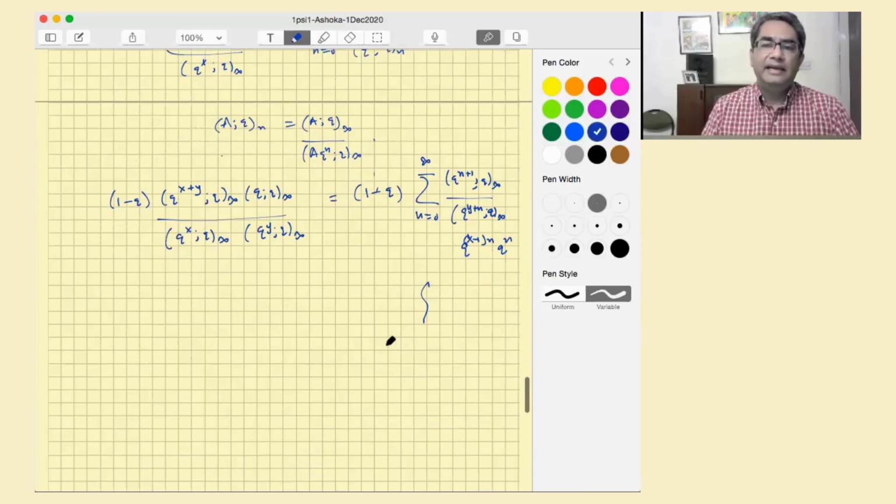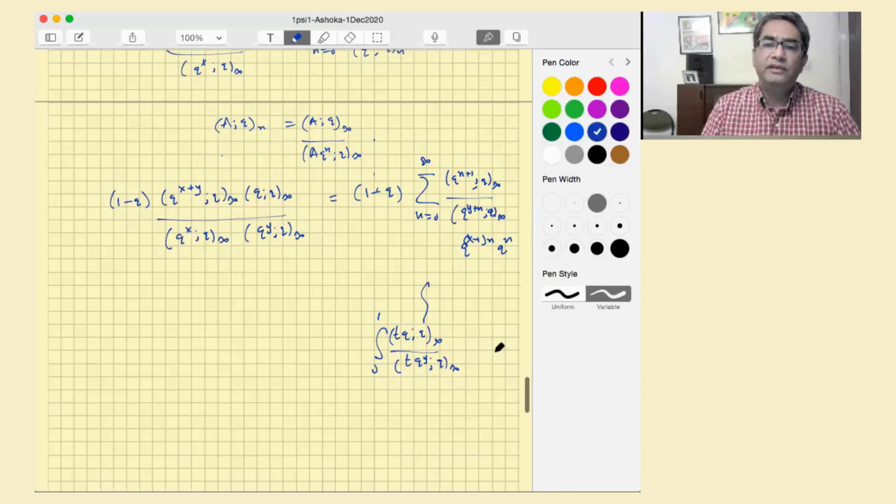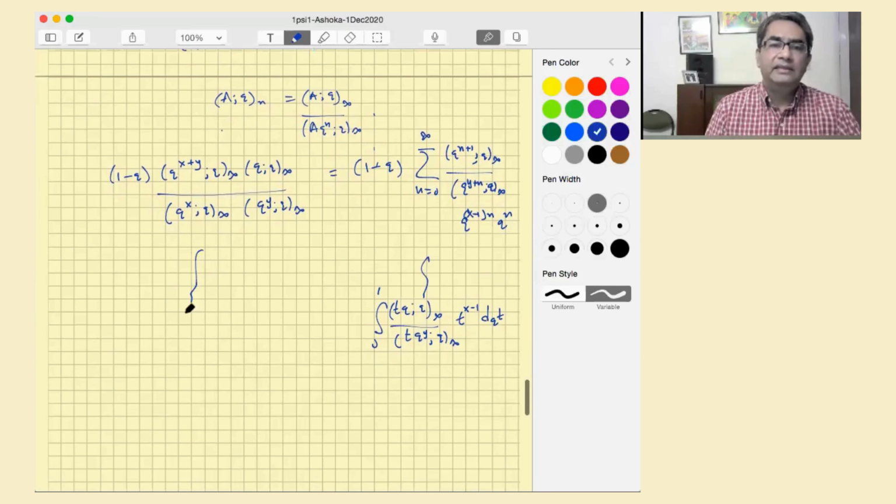And this I write as a q integral 0 to 1, (tq; q)_infinity over (tq^y; q)_infinity, t raised to the power x minus 1 d_q t. And this one I can write as gamma q of x, gamma q of y, over gamma q of x plus y.